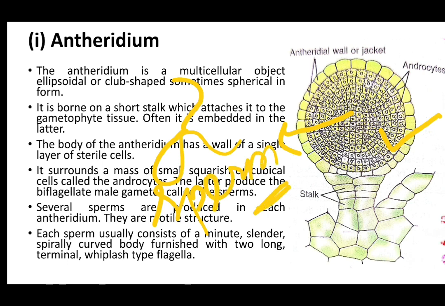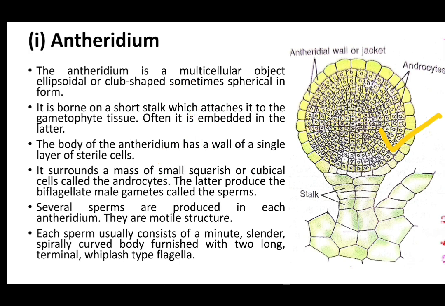And it is the male gamete, the actual male gamete, haploid in nature. So the male reproductive part of bryophyte is called antheridium, and it produces the male gamete known as androcyte or sperm.